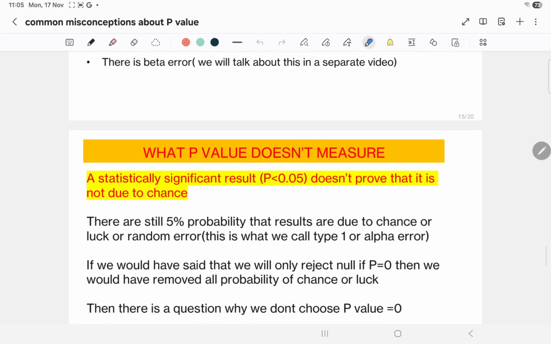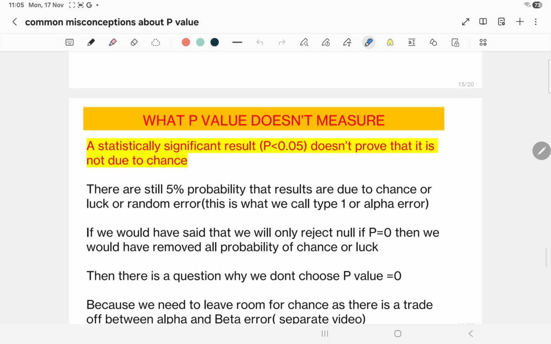Keep that in mind. The second misconception: a statistically significant result doesn't prove that it is not due to chance. So if the p-value is less than 0.05, there can still be room for chance. That chance is 5%.